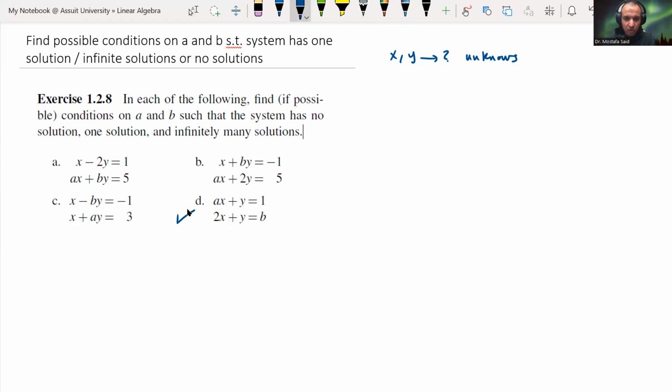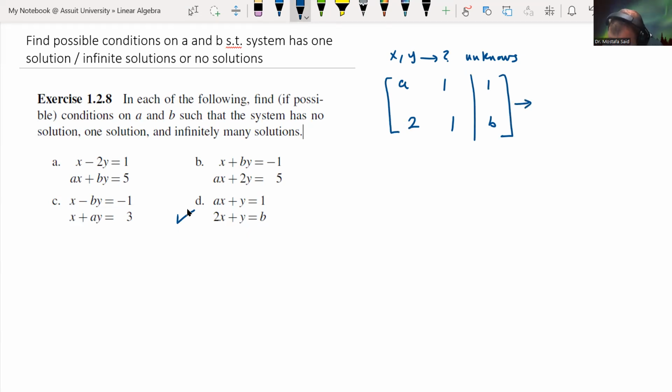Basically, we may not be able to solve for x and y based on the values of a and b. Let's write the system in matrix form to make it easy: a, 1, then 1; 2, 1, then b. Good.